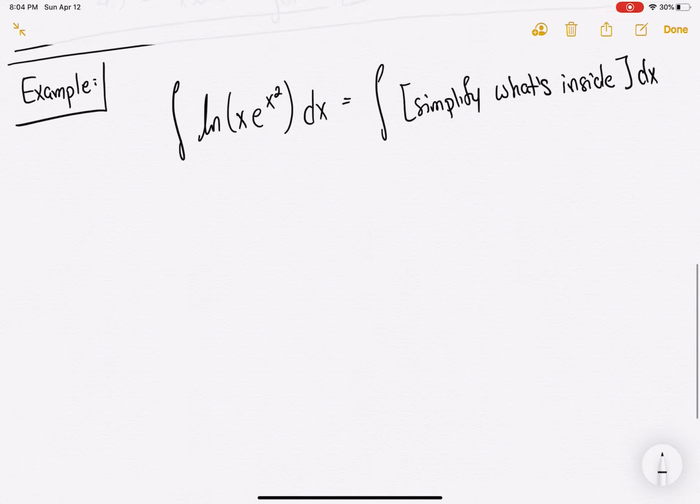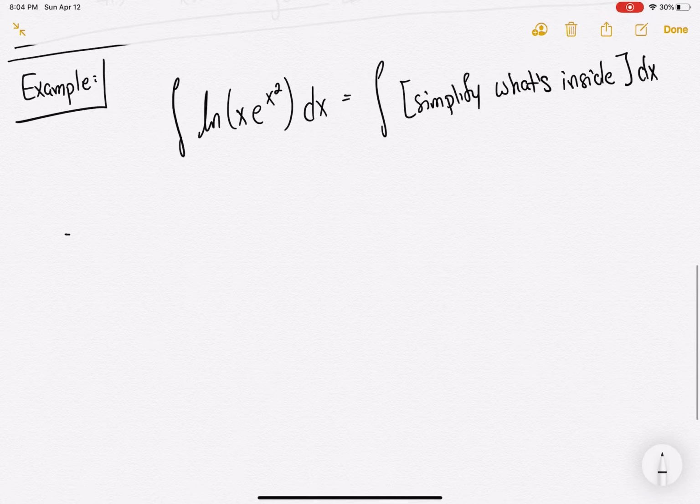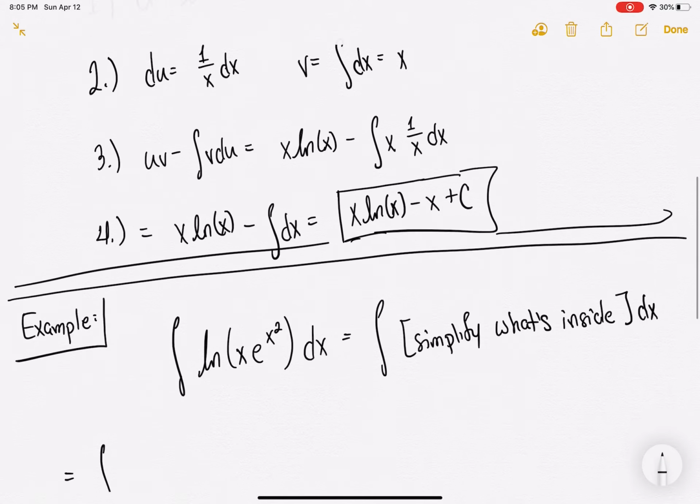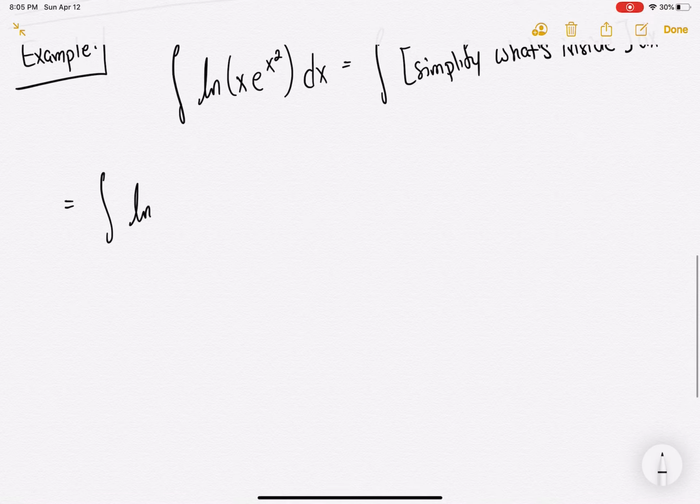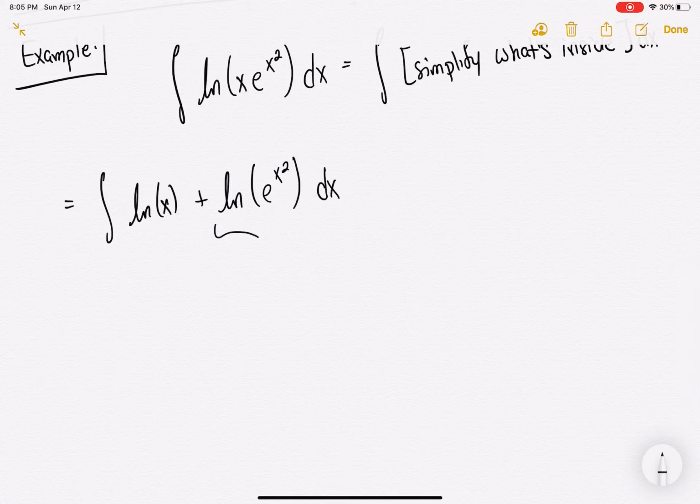It can be easier. Because what happens if I use my log rules, multiplication inside the log is the same as addition outside the log. So this is natural log of x plus natural log of e to the x squared. And what's going on here is the natural log and the e cancel.